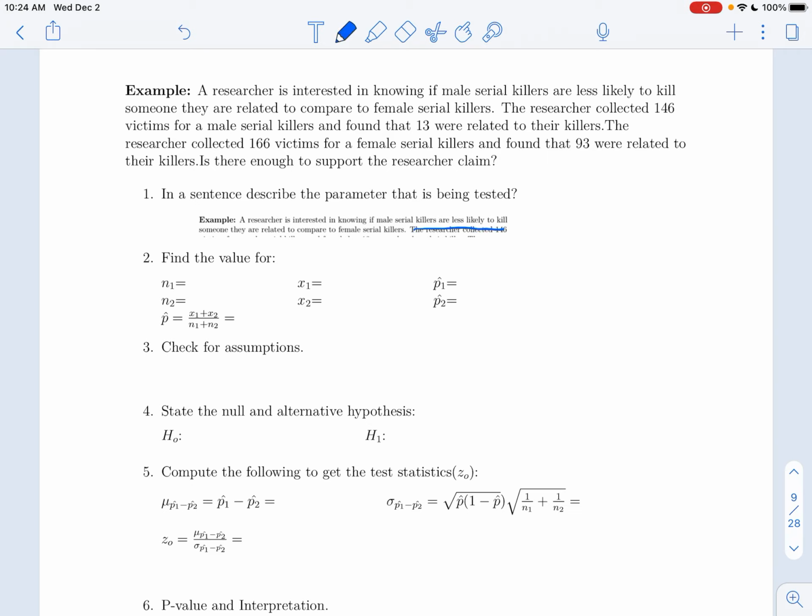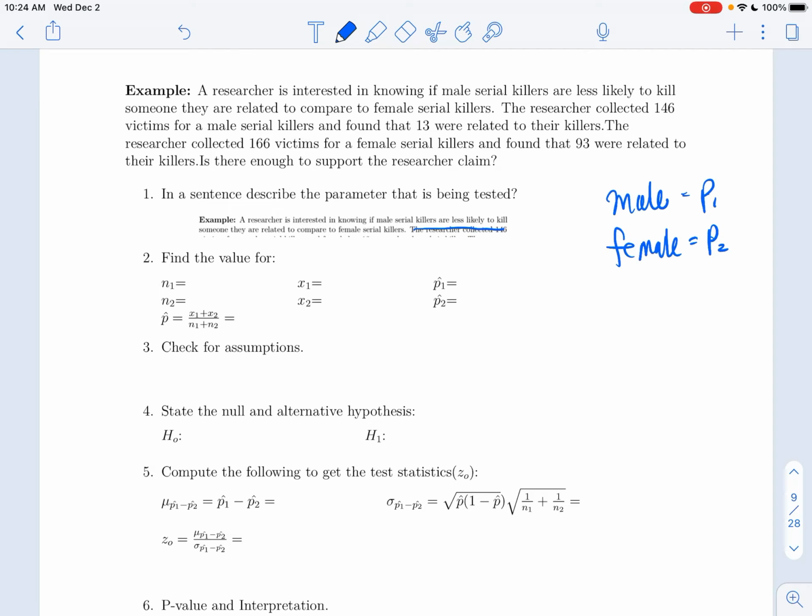Okay, I don't need that, but that came along with it. All right. So we'll say male is going to be P1, female P2, and these are serial killers.